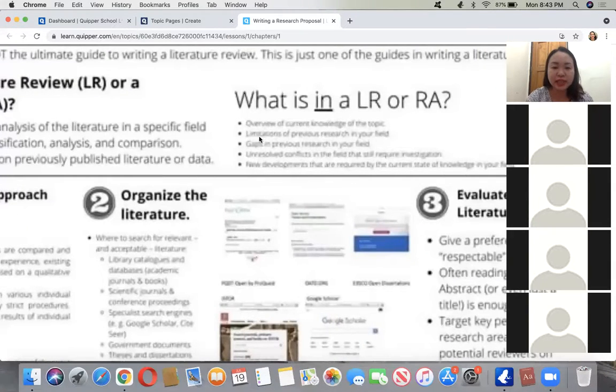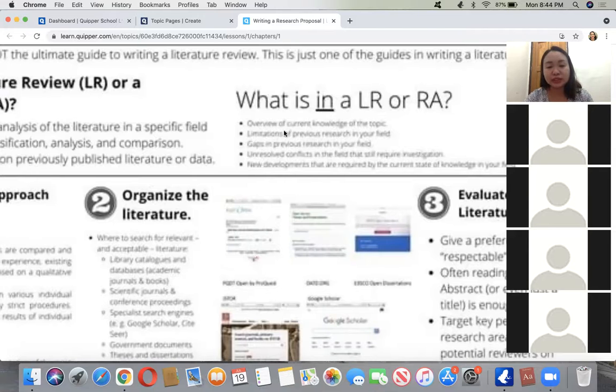This usually gives an overview of the current knowledge of the topic. What are the updates on that topic, like the control of stem borer in eggplant? Is it still a very important pest? What are the recent controls that have been done, and what is the recent knowledge or research on that?